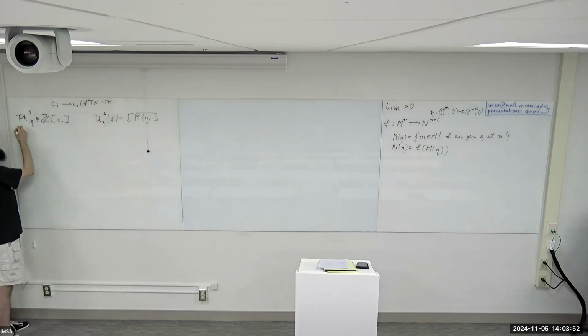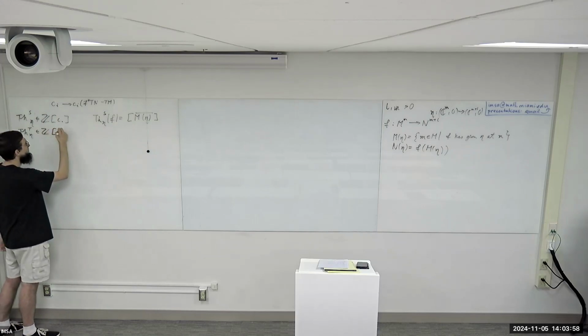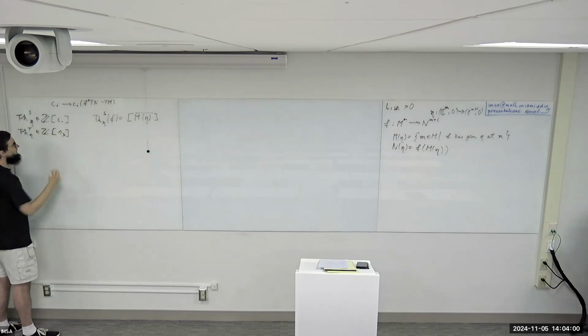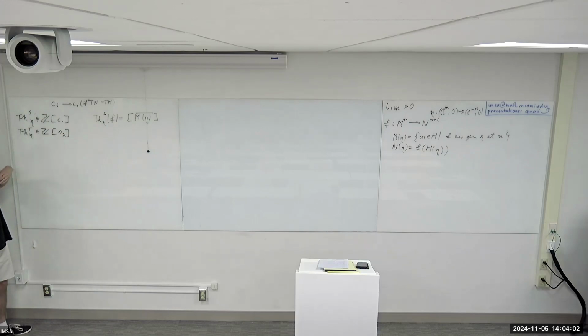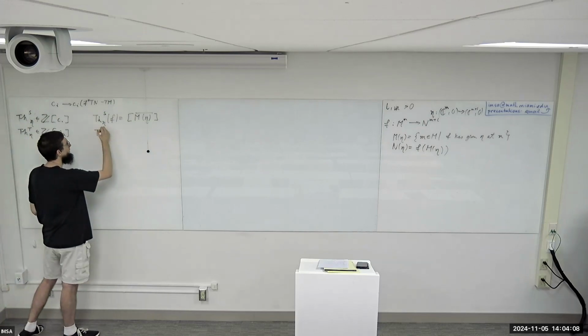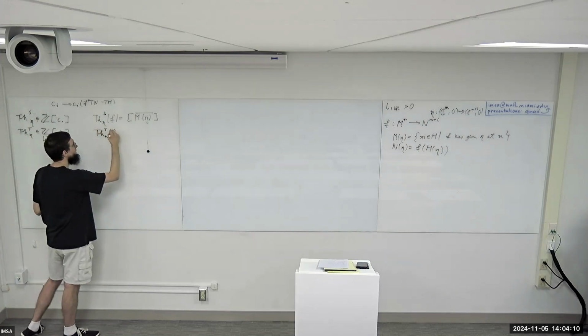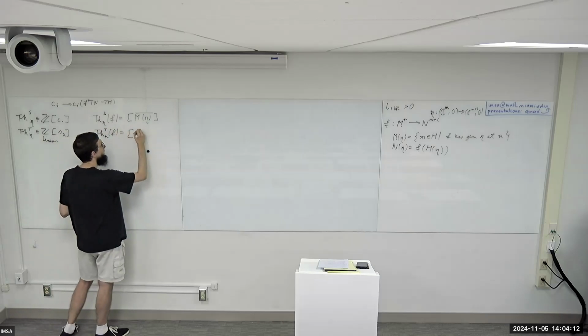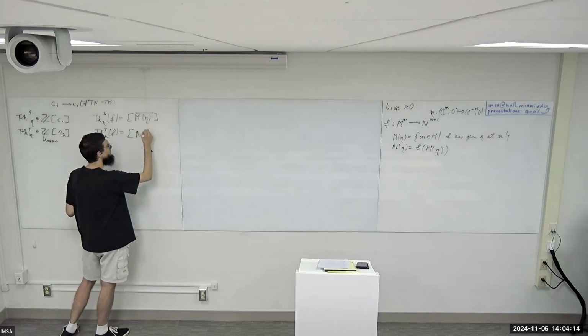I can also take the target one, which is a polynomial in variables s_lambda. Here I have one variable for every partition, and it's linear, such that it calculates the class of the image.